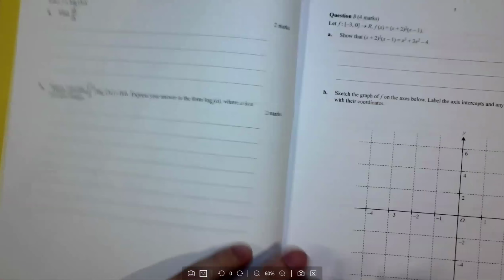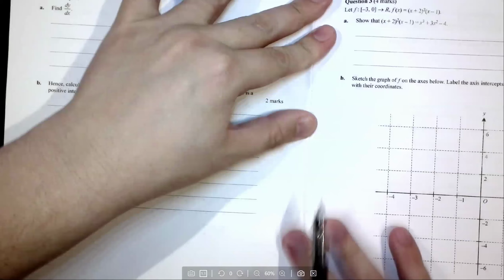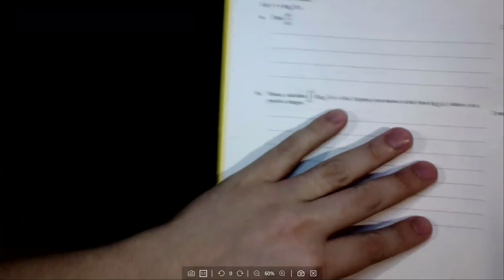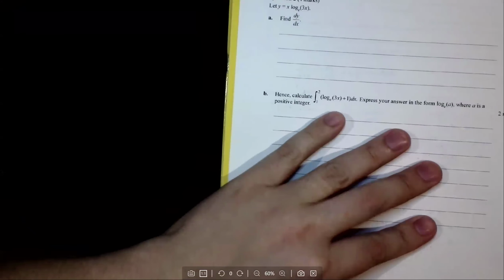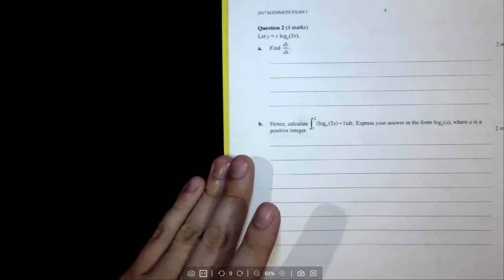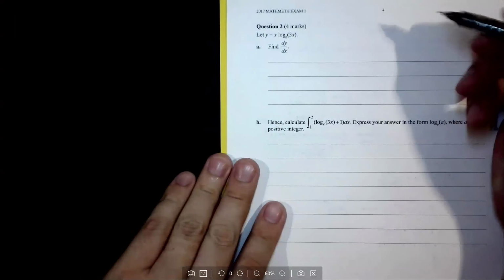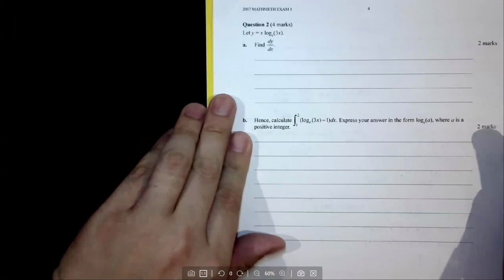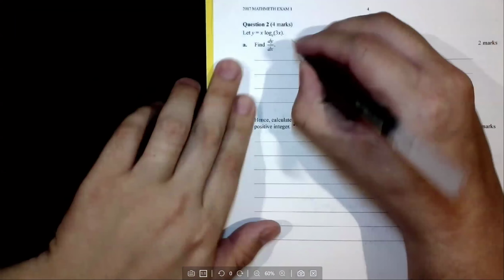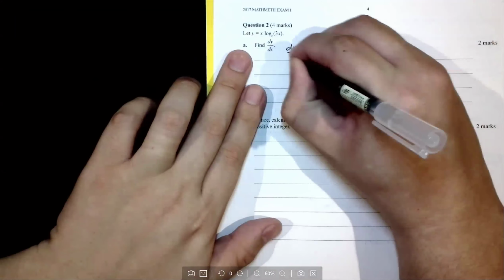Okay, next question is a classic product rule and integration question. So if I take a look at this question, let y equal x times log e 3x, find dy dx, and that was a 2 marks question. So basically, if you take dy dx, this is a product rule.